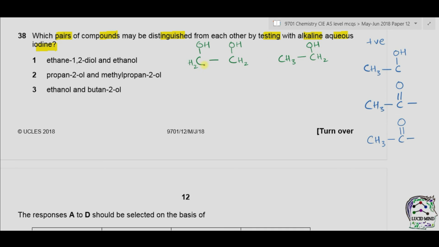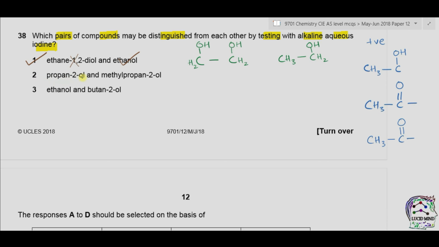As we can see, in ethane 1,2-diol no CH3 is attached to the OH carbon, so this will not give a positive result. In ethanol we can see that CH3 is present with the carbon having OH, so this will give a positive result. So we can distinguish both of these by using alkaline aqueous iodine, so option 1 is correct.